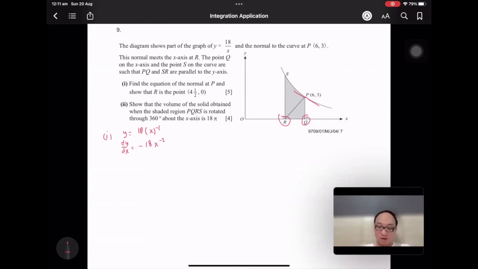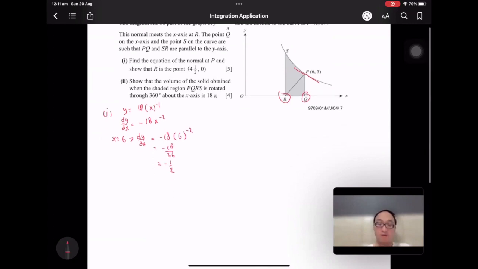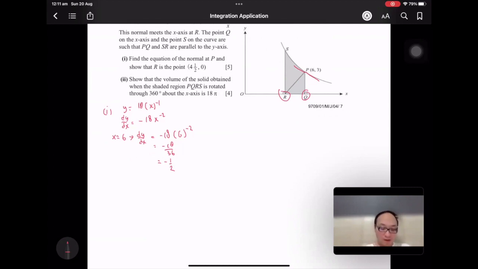So at the point when x equals 6, dy/dx will be equal to negative 18 over 6 squared. So it's negative 18 over 36, so equals negative half. That means the gradient of the tangent will be negative half, and the gradient of the normal will be 2.